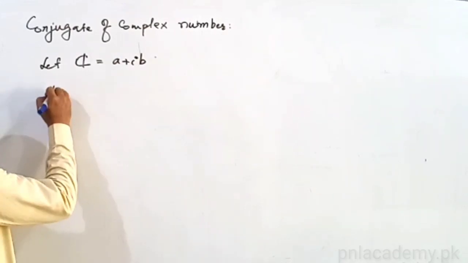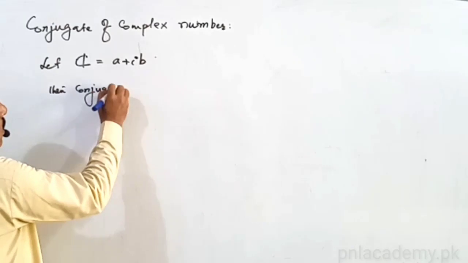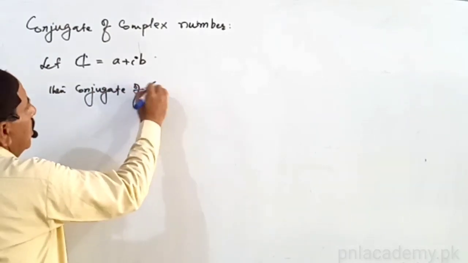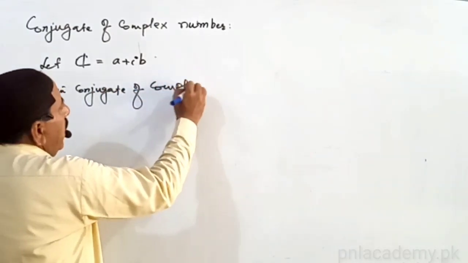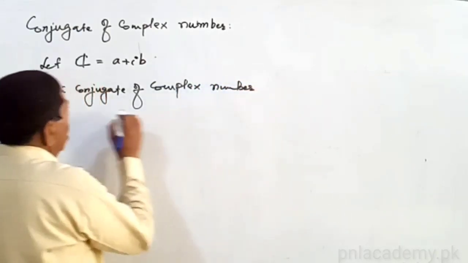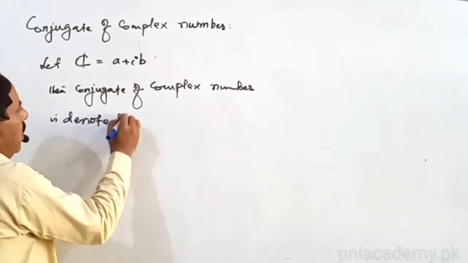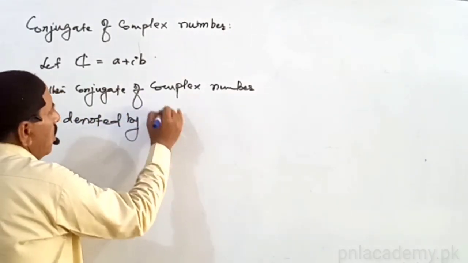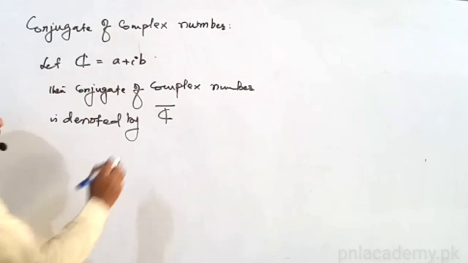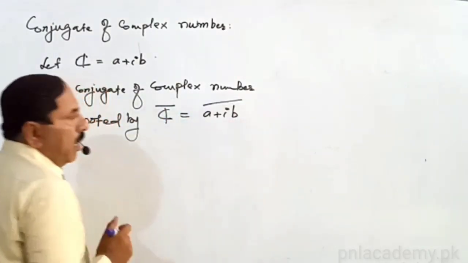Then conjugate of complex number is denoted by z bar, which is equal to a plus iota b bar.